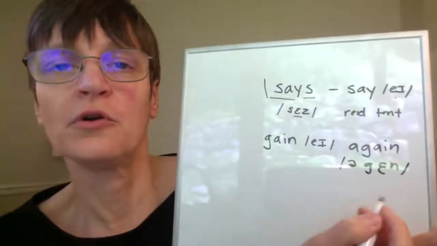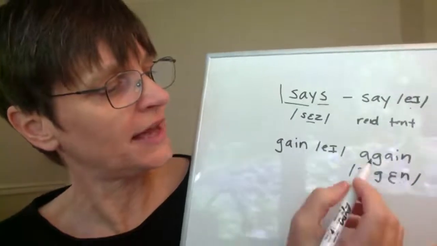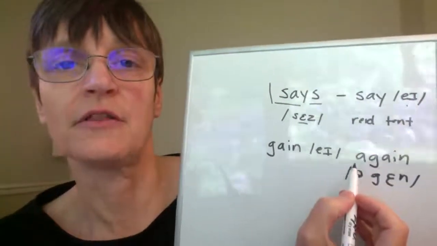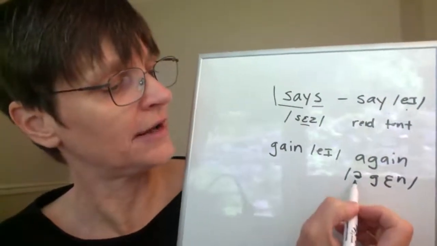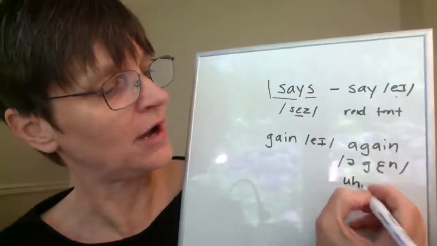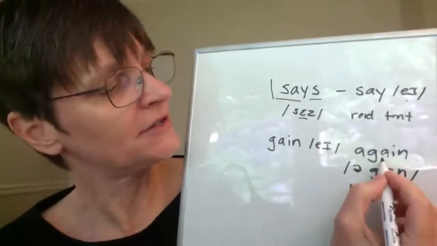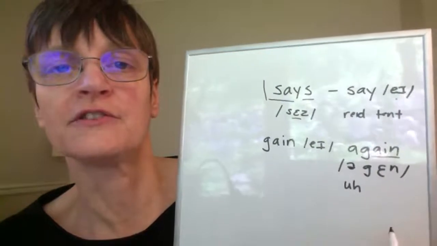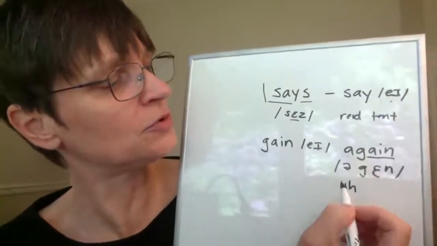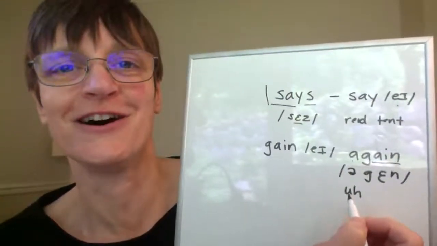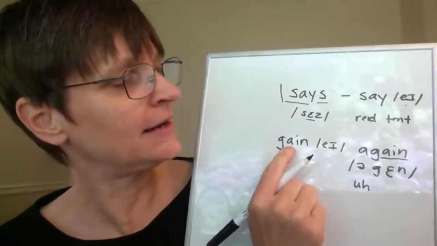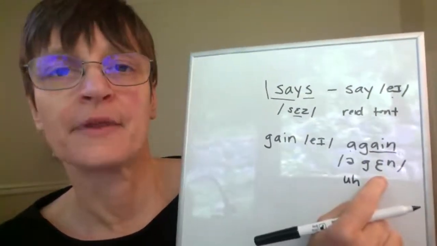And another important thing to note about this word is that I don't say this A sound either. I don't use a clear vowel here. I use the sound, vowel schwa. That's because the stress in again falls on the second syllable, and this is just a short, unstressed syllable. So I have gain, but again, again.